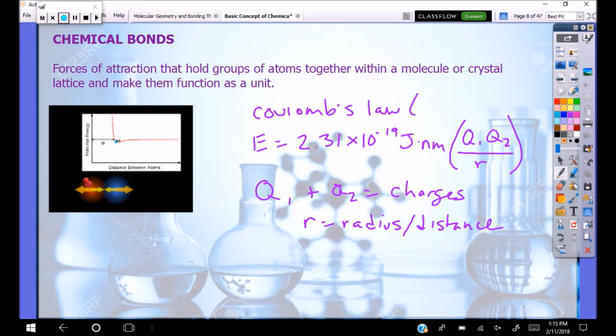So this is for ionic compounds. If you think about the amount of positive charge, the effective nuclear charge, this law makes a lot of sense: as the amount of positive charge between the two nuclei increases, and the amount of negative charge increases, then we start to get a greater sense of attraction.